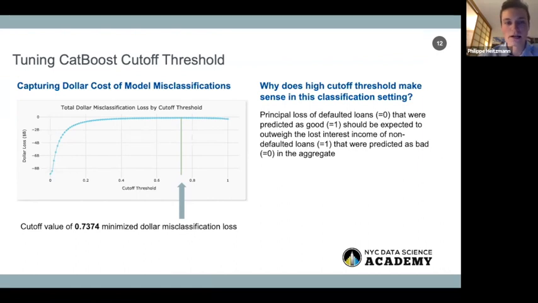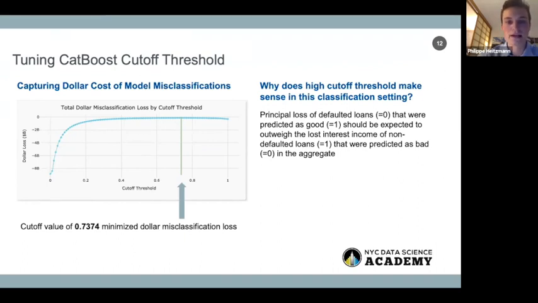Of course, the converse is predicting every single loan as a bad loan, and that leads to lost interest income, which is also bad for an investor. It means you'll have 0 returns. That is the exercise being done here and displayed in this graph.